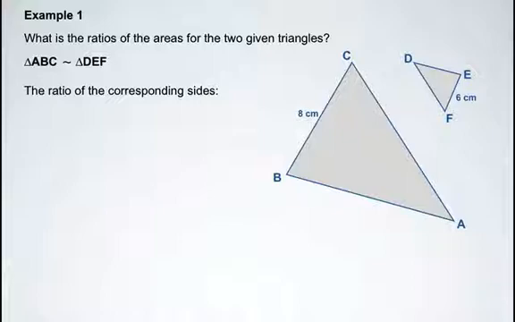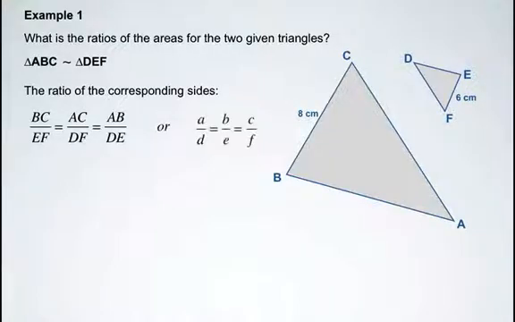Therefore, we know that the ratio of the corresponding sides is going to be equal, and we can set up this proportion. Or, if we refer to the side lengths as lowercase letters rather than by the vertices of the triangle, we can set it up such that opposite to angle A is lowercase a or side A, opposite to vertex B is side length B, and opposite to vertex C or angle C is side length C, and similarly with the smaller triangle.